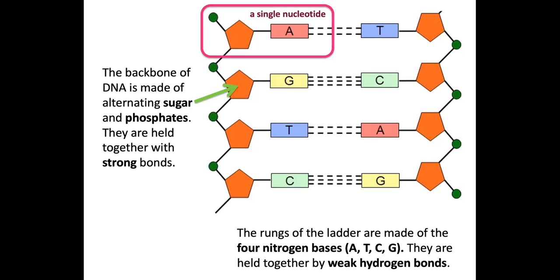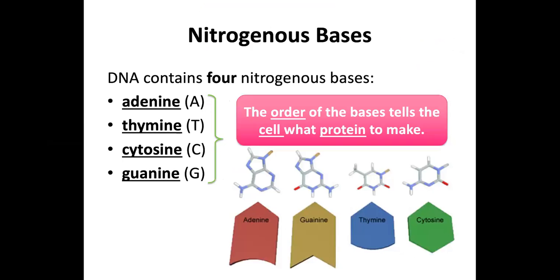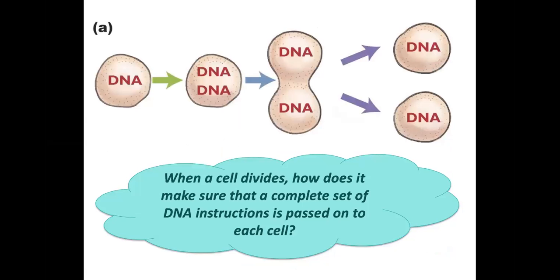They have to be able to break easily so DNA can replicate, okay? So those are our base pair rules, and we also learned yesterday that the order of the bases is what tells the cell what protein to make. And this is all gonna come together once we go through protein synthesis. Okay? Any questions? So that was all yesterday.